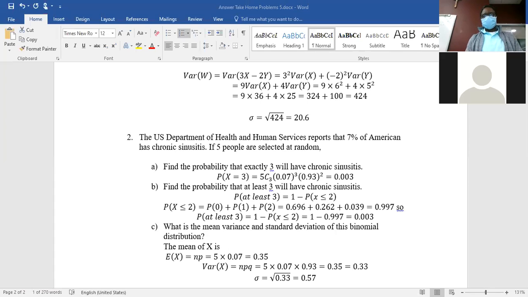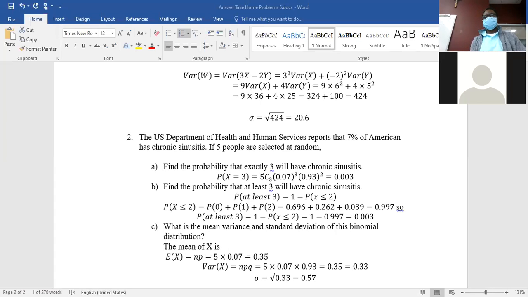So the probability of success here is 0.07. The number of trials, 5. Number of successes, 3. The probability that x equals 3 will be 0.00296, which we round to 0.003. The probability for at least 3 is this last one, X greater than or equal to 3.